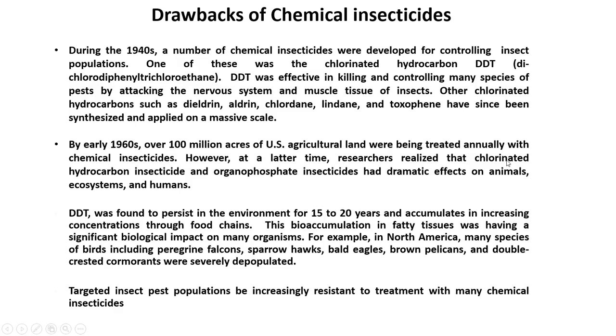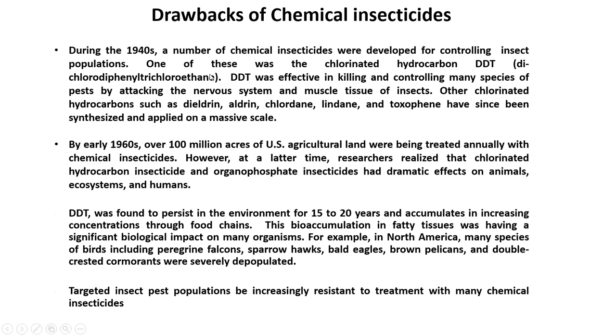So before we go to the biopesticide, we'll know why we need biopesticide, the drawbacks of chemical pesticides. As you know, most of the time farmers are using chemical pesticides, which is causing extensive damage to our ecosystem.